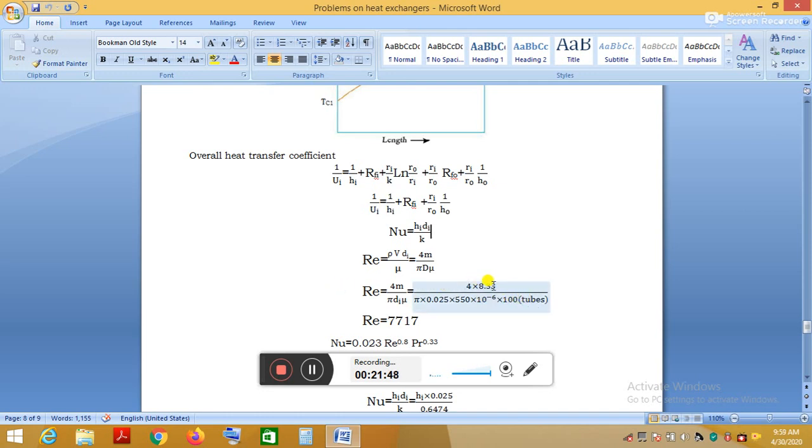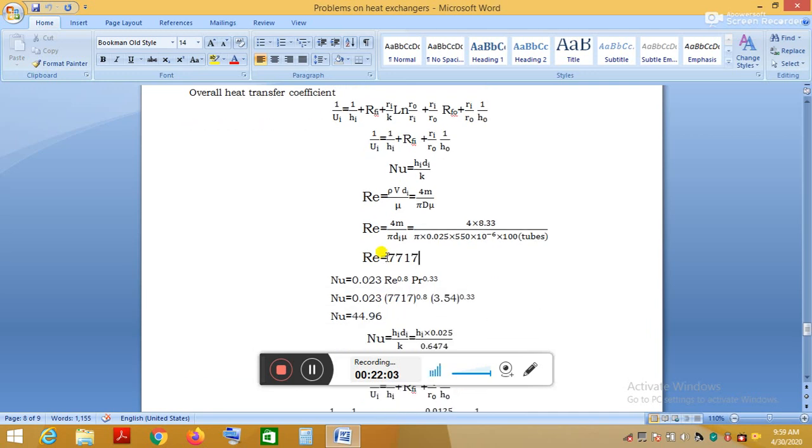This 8.33 kg per second of water is flowing through the 100 tubes, not a single tube. Therefore, multiplied by 100 tubes, we will get Reynolds number as 7717, which is greater than 2300. Therefore, the flow through the tube is turbulent.